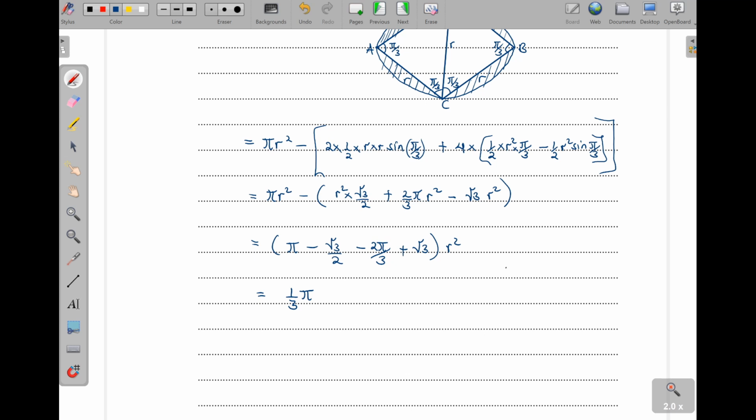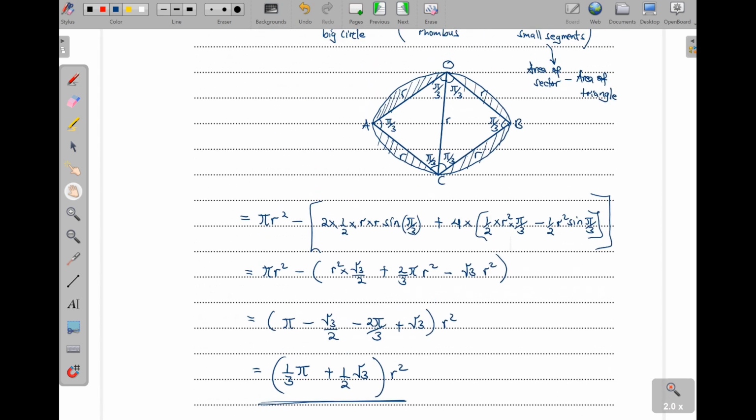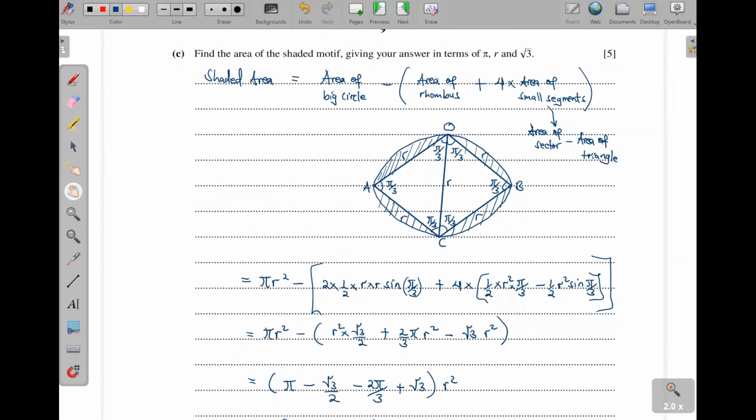Now we have 1, which is here, because it has root 3, and this one has root 3. So 1 minus a half. Of course, this one gives us a half, right? So that means I will have a half root of 3. So plus a half root of 3, then r squared. This will be my answer in terms of r, pi, and root of 3.